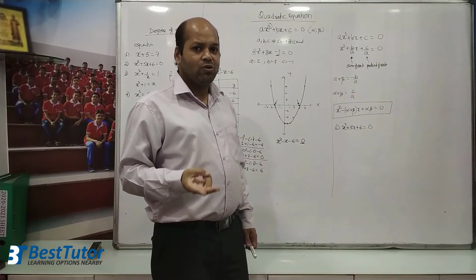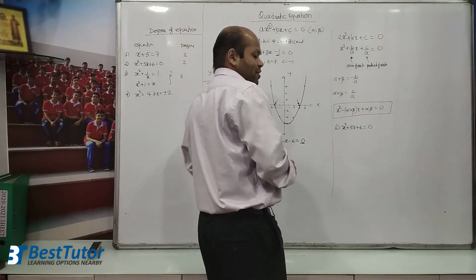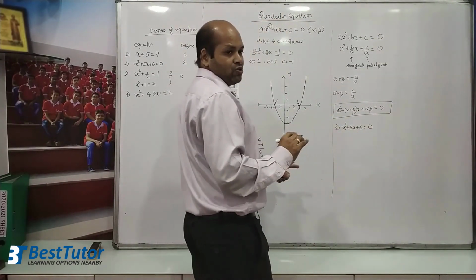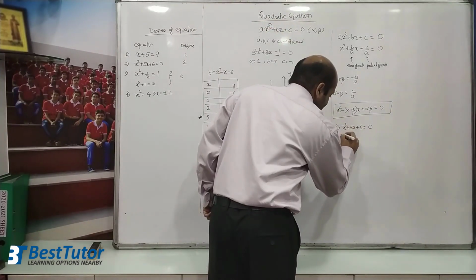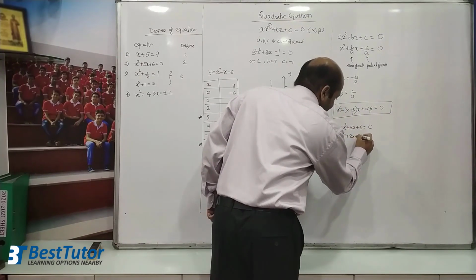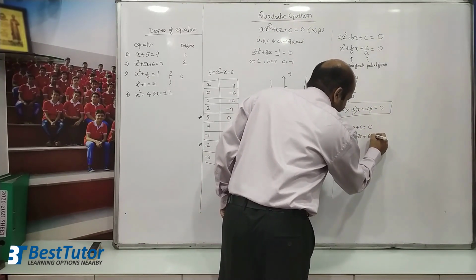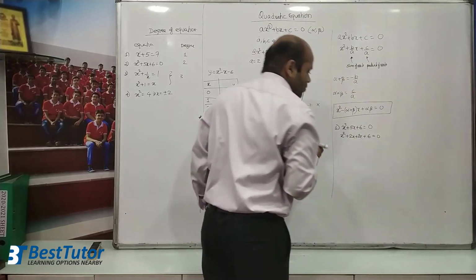3 into 2 or 2 into 3, and 2 plus 3 is 5. Okay. So what is the method for this? The step by step I'll show it to you. The method for this is x square, I'll break this 5x as 2x plus 3x, plus 6 equal to 0.